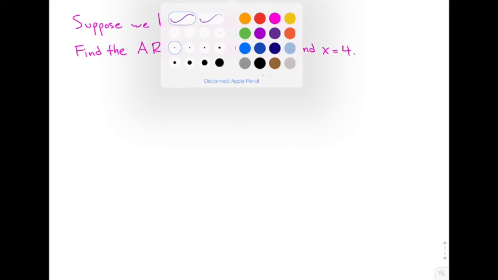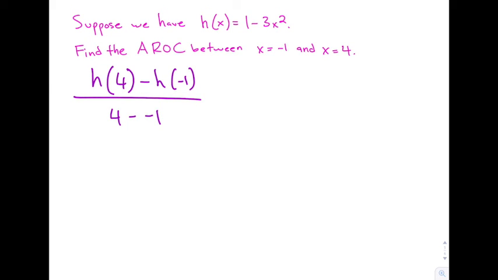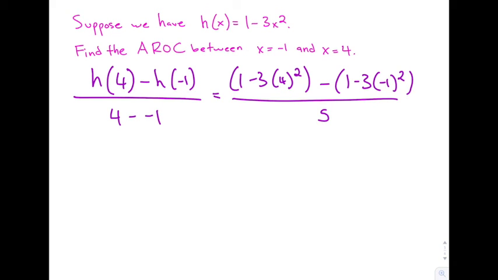And last but not least, let's suppose that we have h of x equals 1 minus 3x squared. Let's find the average rate of change between x equals -1 and x equals 4. So again, we put the bigger value first: h of 4 minus h of -1 over 4 minus -1. So that'll give us 1 minus 3 times 4 squared minus 1 minus 3 times -1 squared over 4 minus -1, which will be 5.